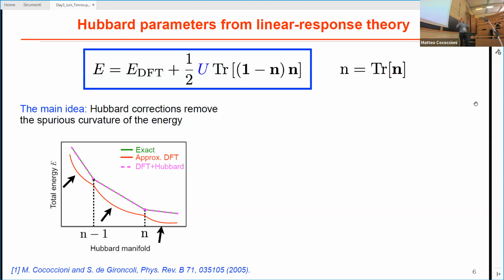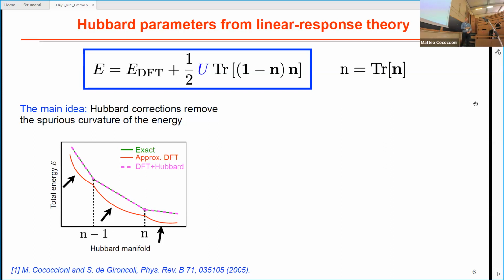One is the Hubbard-like term, and the second is the double counting. The double counting is the term that we subtract because we add the Hubbard term. We cannot simply add some amount of energy to the DFT energy. DFT energy is already complete. We cannot add or remove an amount of energy randomly. So if we add a Hubbard term, we need to actually remove the double counting.